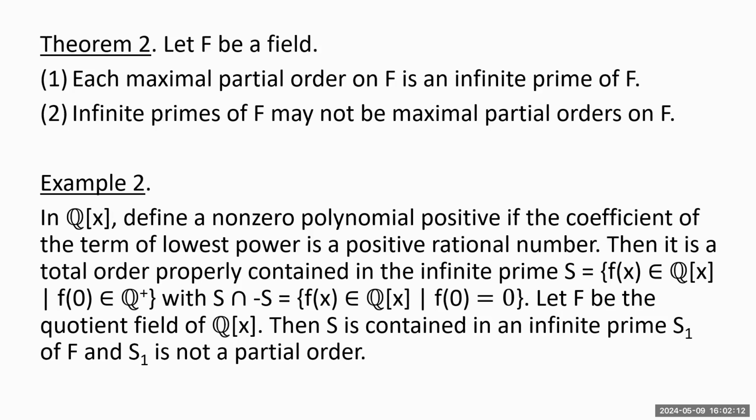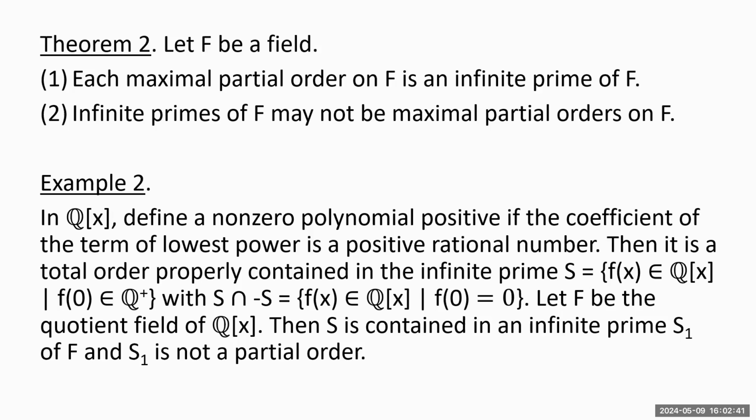Then we know this is a total order on this polynomial ring. Then we define S to be all polynomials such that the constant coefficient is a positive rational number or 0. So this will be an infinite prime, and the intersection will be all polynomials with zero constant.